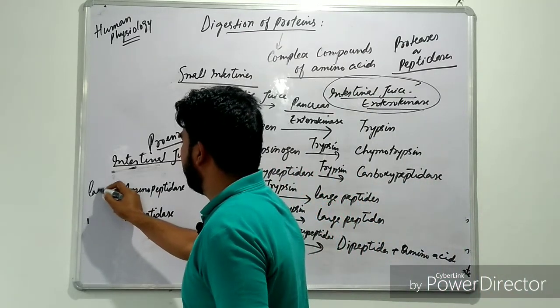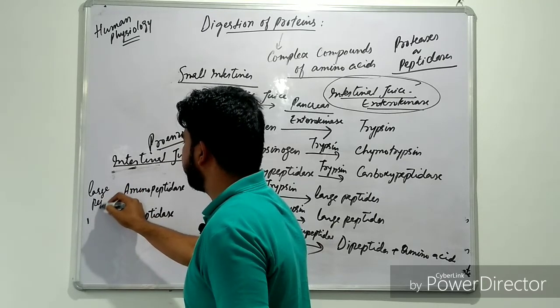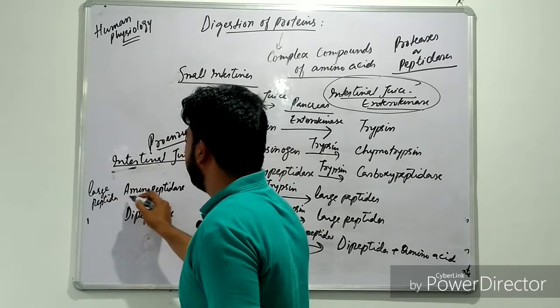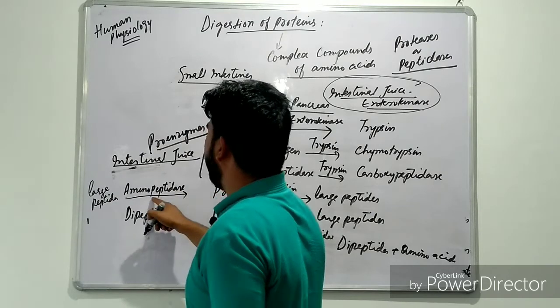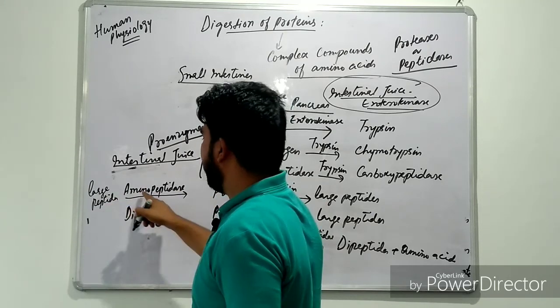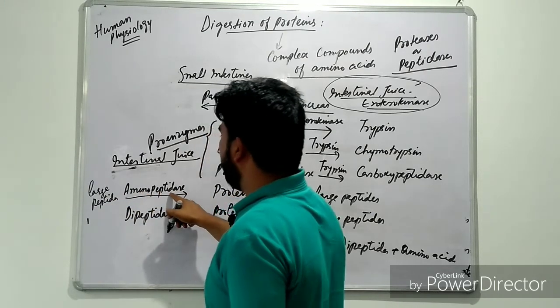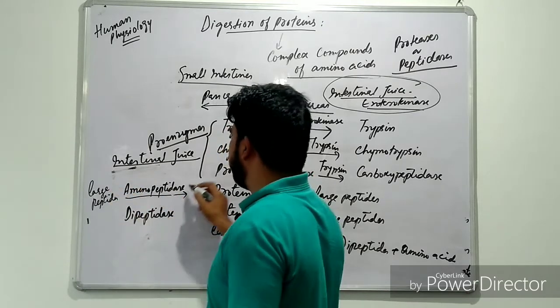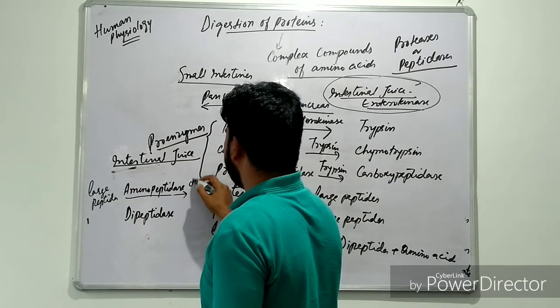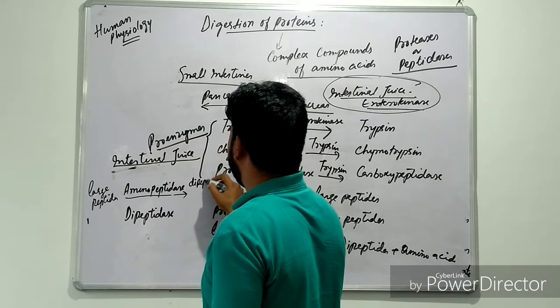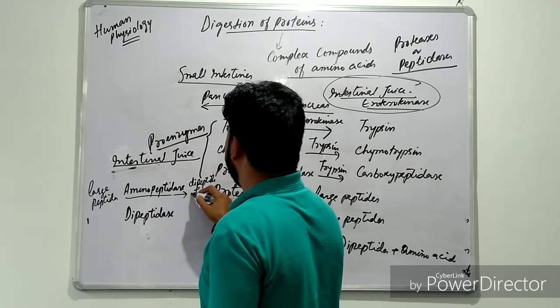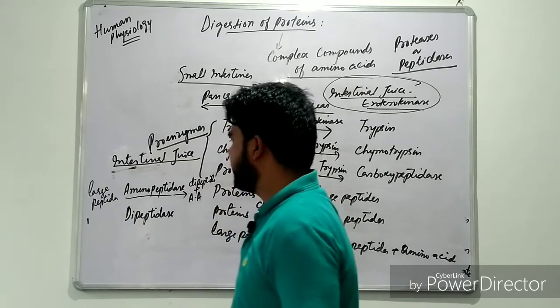I will write here large peptides. These large peptides will be acted upon by aminopeptidase, and aminopeptidase will convert them into dipeptides plus amino acids.